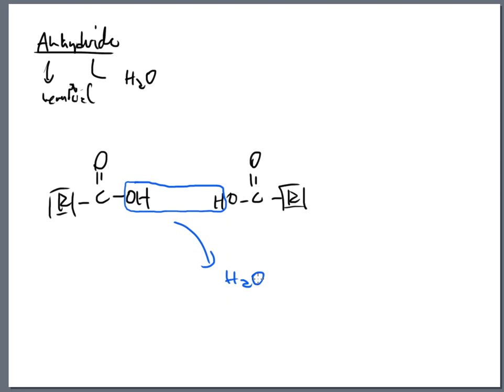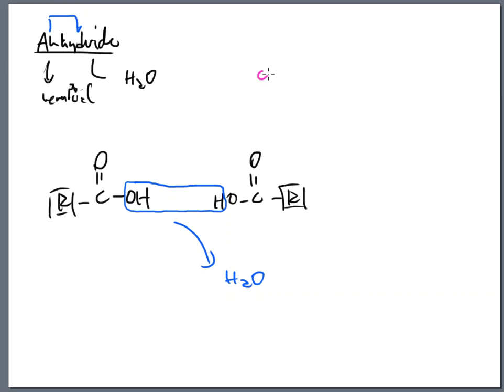That's their offspring. They make water, and water is removed from these two organics. Hence, anhydride. Removal of water, because literally, in order to make an anhydride, we remove a water molecule from the two components.